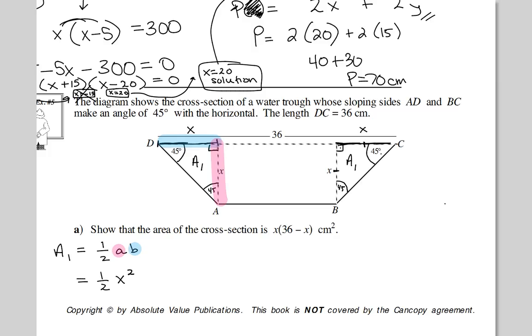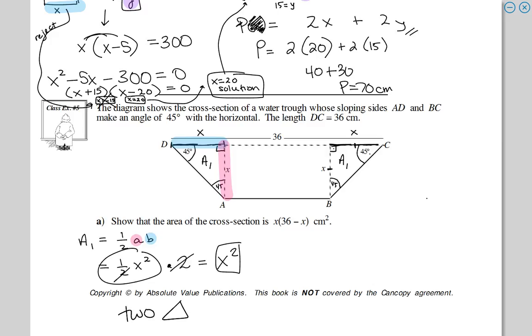And how many A1 shapes are there? 2. So let's double this. Let's times this by 2. That looks very confusing with an X in there. So let's times by 2, and you get X squared. Do you agree? The 2 and this 2 will cancel? Okay, so for the two triangles, it's just X squared.